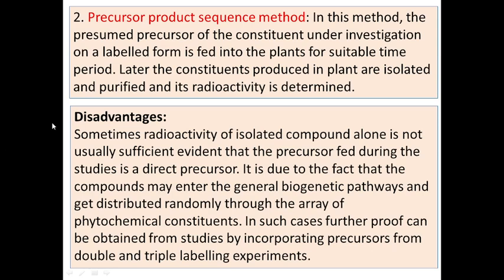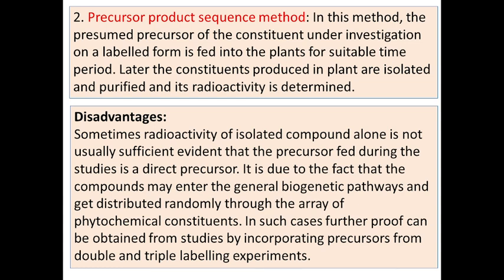So the isolated compound's radioactivity alone is not sufficient, because the compound may enter the general biogenetic pathway and get distributed randomly through the array of phytochemical constituents. The incorporated compound enters the general biogenetic pathway followed by the plant and gets randomly distributed among different phytochemical constituents.